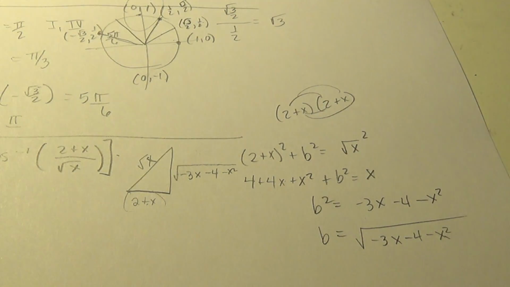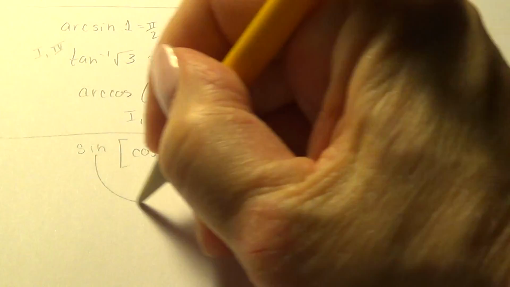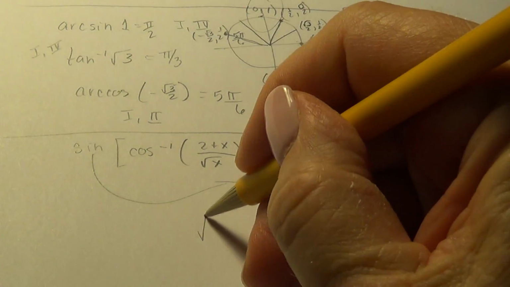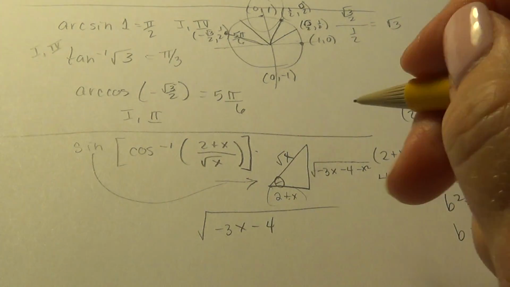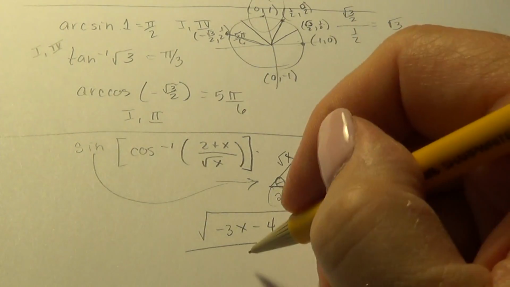Alright, so even though it's sloppy, can you take the sine of that? Once you've done all the hard work now. So the sine is opposite, that's that slop we found, over hypotenuse.